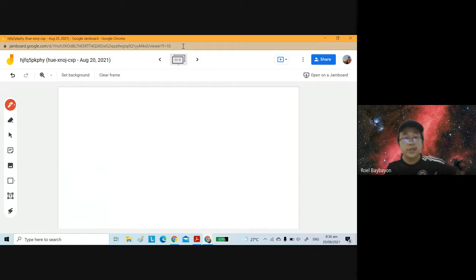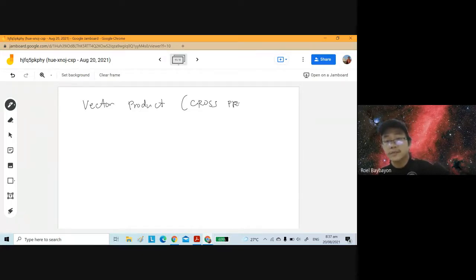Okay. Next to scalar product, or dot product, is what we call the vector product. So diri na ta mag-start og gamit sa Levi-Civita symbol. Vector product. Sometimes we call this one a cross product. Okay, this is the definition of a vector product.